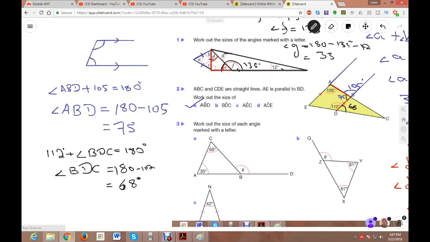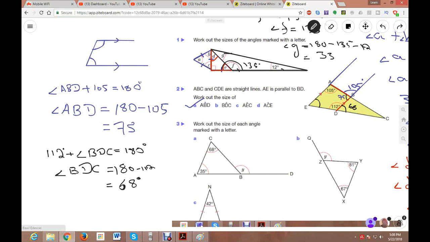Alright. Now AEC, where is AEC? This is the one. Because it's AEC, that's what it means. So we have to find this angle. How about if we just simply focus on this quadrilateral ABDE?